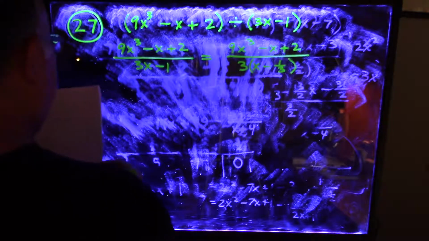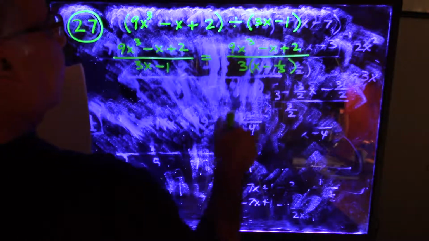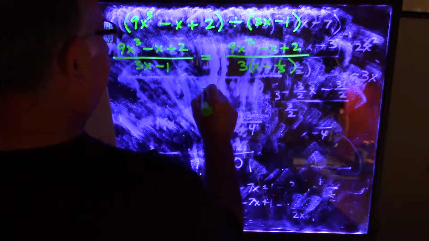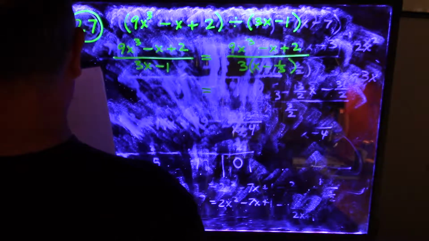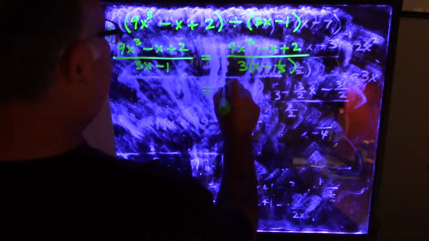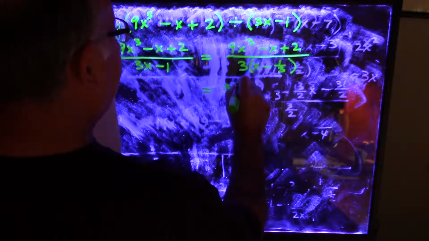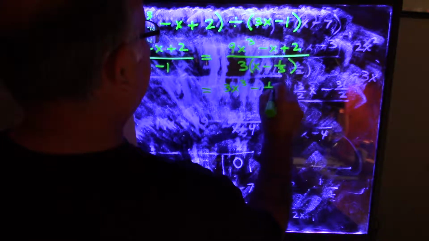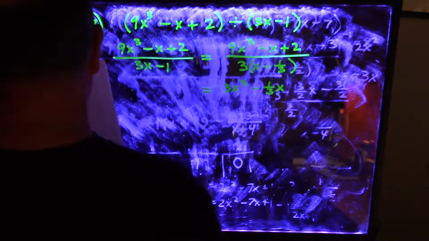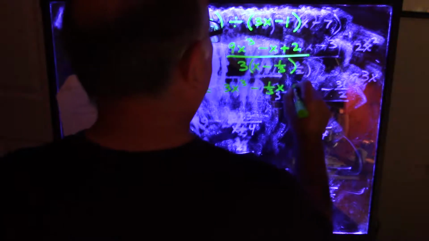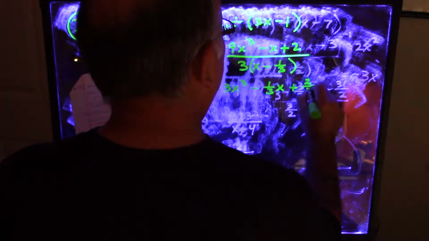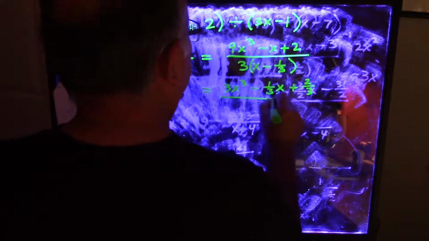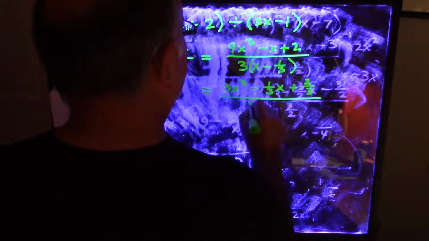Now you can divide the 3 into the dividend, so you've got 3x cubed minus 1/3 x plus 2/3, and that's over x minus 1/3.